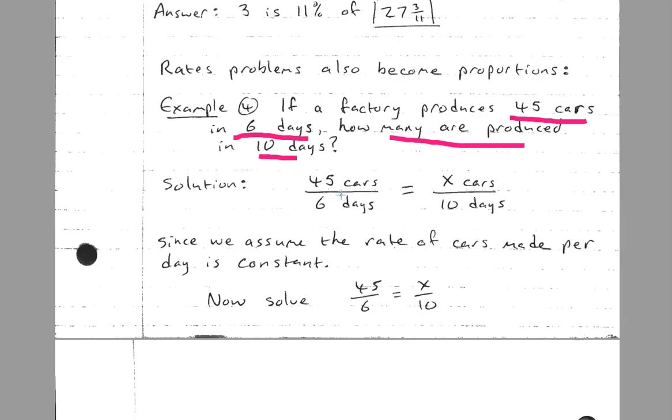Okay, so the rate we're talking about here is the number of cars the factory is producing per day. And we're assuming that it's like a constant rate of production, so these should be equal. And the basic proportion here is 45 over 6 is equal to X over 10.